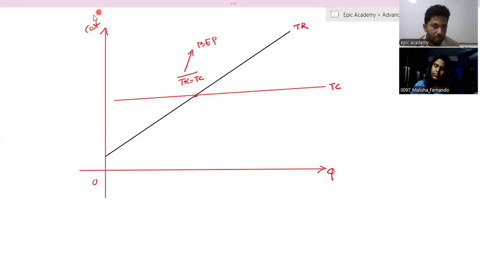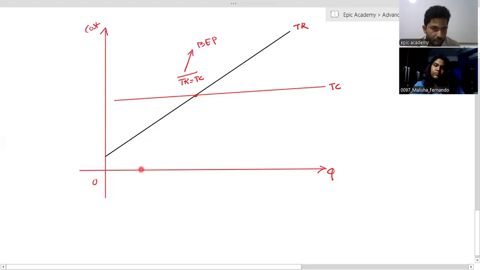Break-even point means, as an example in here, if I point out that position as Q1, that position as Q2, that position as Q3. Just identify what I'm going to say.